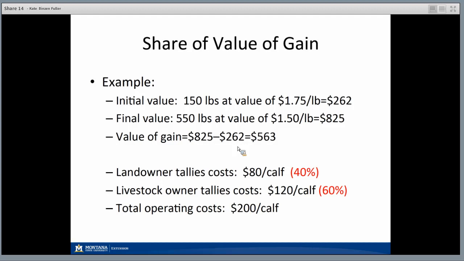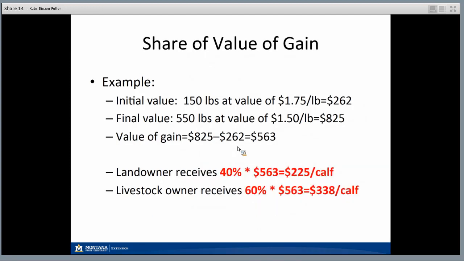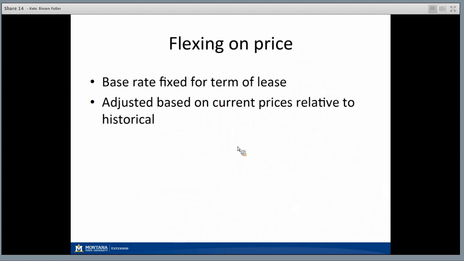The livestock owner's is 60%. The total operating cost is $200 a calf. So then we divide that $563 by those portions. So 40% of $563 is $225 a calf. That's what the tenant is going to pay the landlord in this example. And the livestock owner keeps the rest.